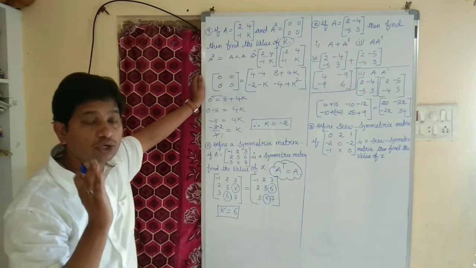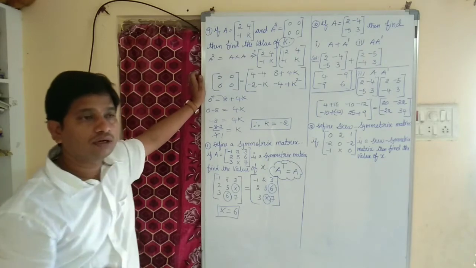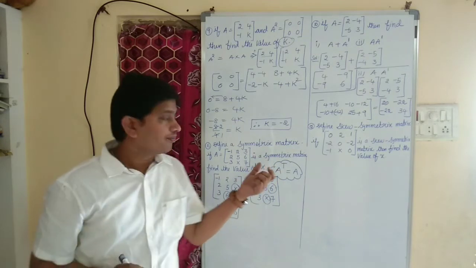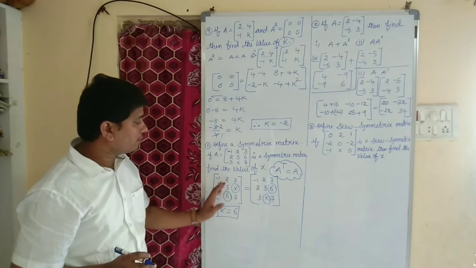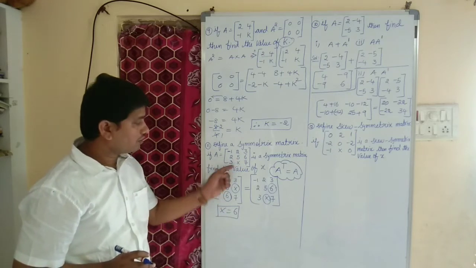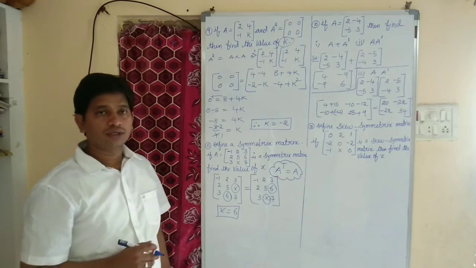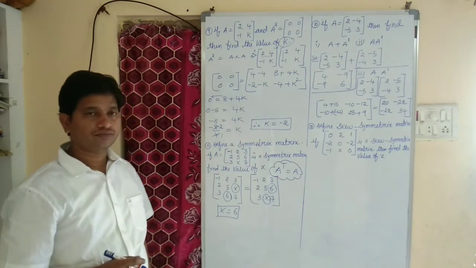A matrix is said to be symmetric if A transpose equal to A. As we know, transpose is nothing but rows: the first row will become the first column, the second row the second column, the third row the third column. Interchanging of rows and columns, right? That is said to be a symmetric matrix.